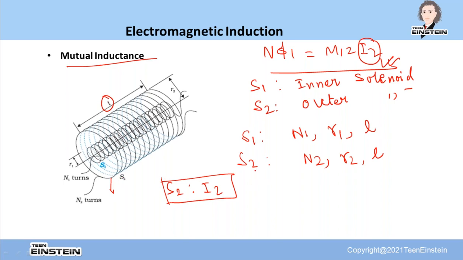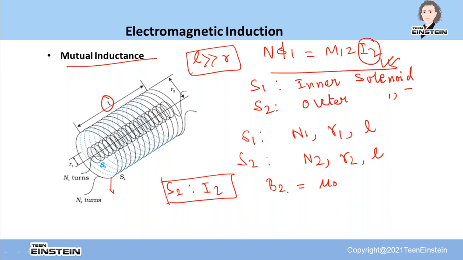When I pass a current in a solenoid, we know what magnetic field is produced. Suppose it is B2. This will be for a long solenoid, that means L is much greater than R, the length of the solenoid is much greater than its radius.